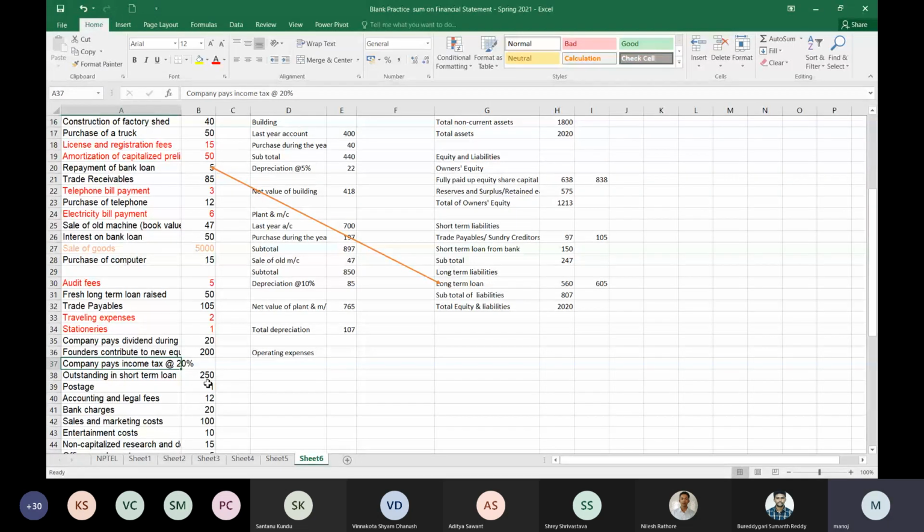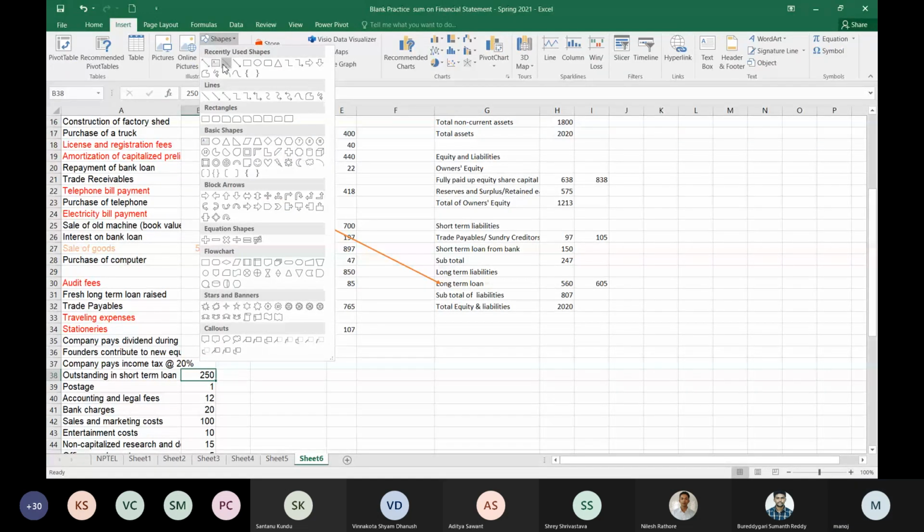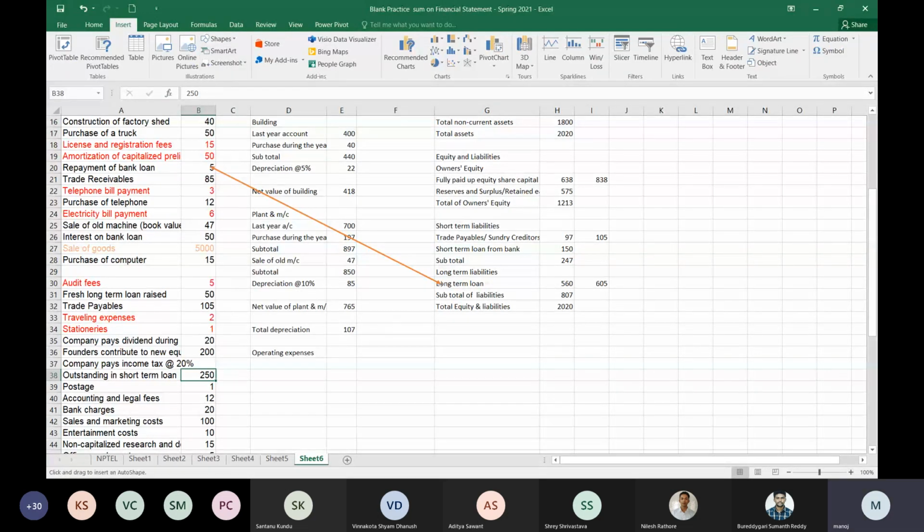Okay, not done. Outstanding loan goes directly to the balance sheet, because whatever is the balance with the bank, you just populate it here. Unlike long-term loan, only long-term loan has all those relationships. Long-term loan comes from here, then raise fresh long-term loan comes here.